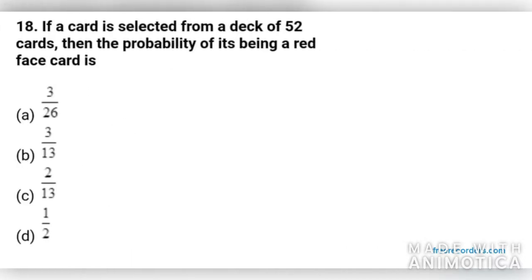Moving on to the next, if a card is selected from a deck of 52 cards, then the probability of it being a red face card. Now, if we talk about red face cards, we have Jack, Queen, King, and in the other suit we again have Jack, Queen, King.